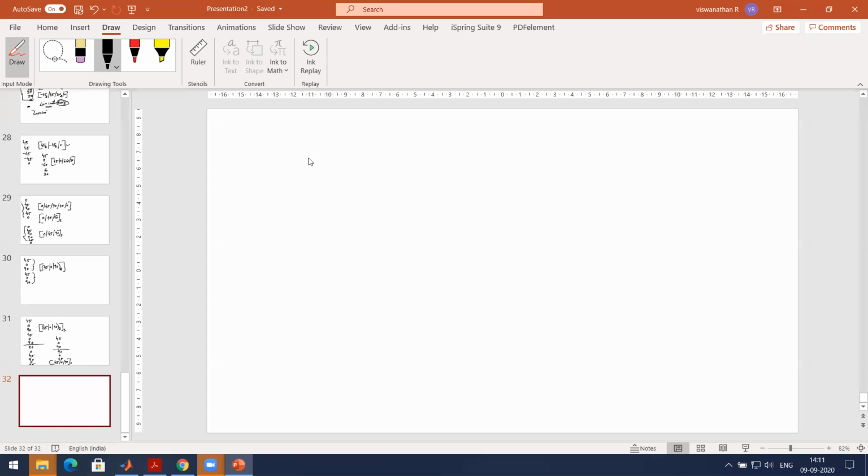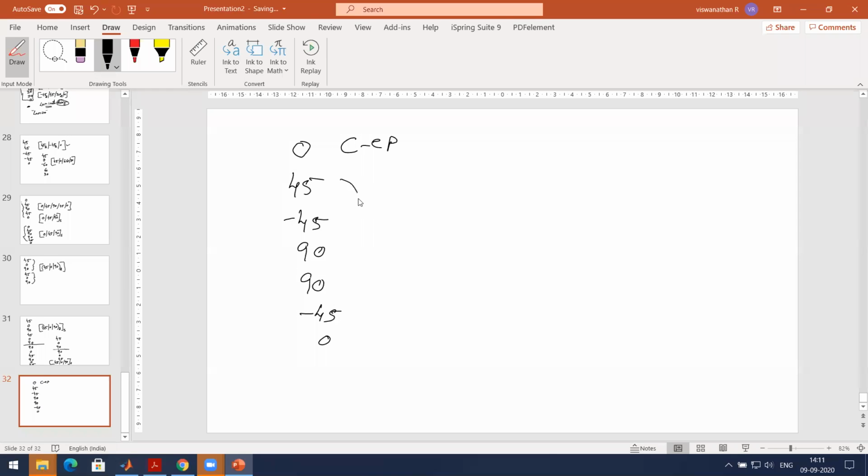Suppose the material is different. Say the 0 is made of carbon and epoxy, and then 45, minus 45, 90, 90, minus 45, 0.